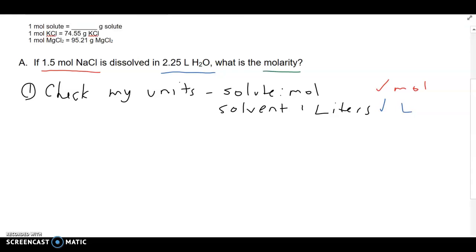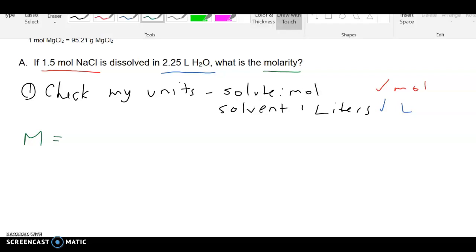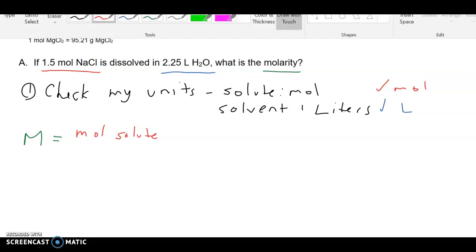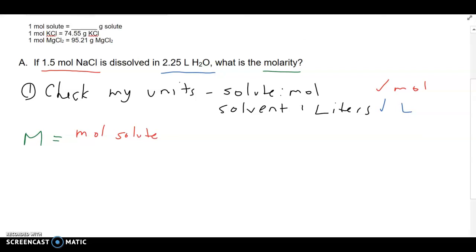And so now I am looking for my molarity. So if I'm looking for the molarity, then I need M, or molarity, equals my moles of solute over my liters of solvent.